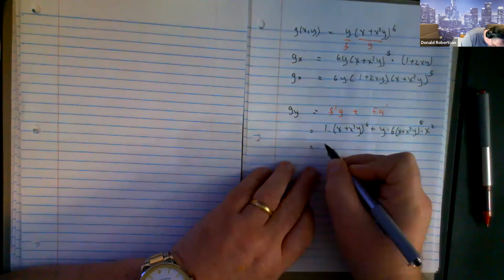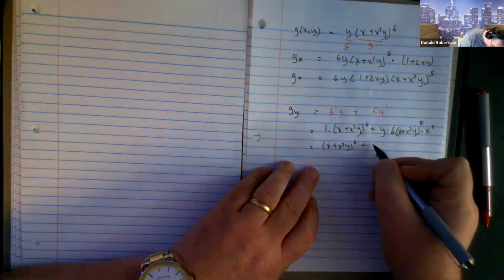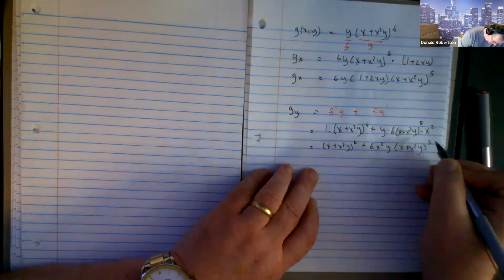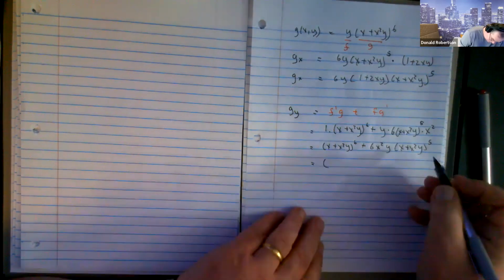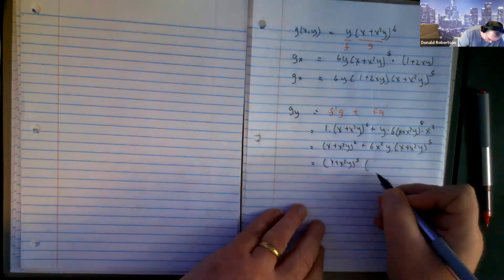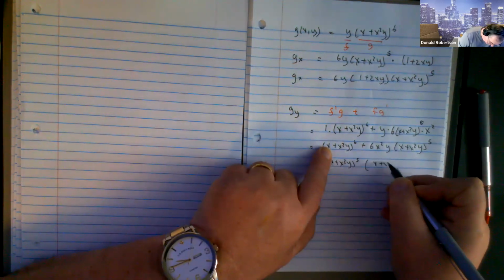So in this case, I have that guy plus 6x squared y, that guy, and then style points says I should pull out 5 of these fellas, and that leaves me 1 of these guys plus that guy.